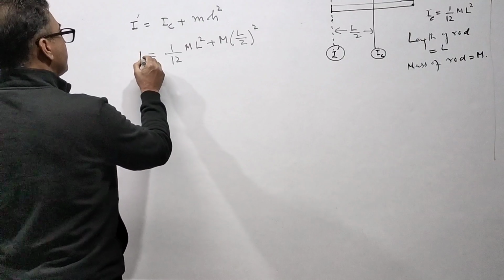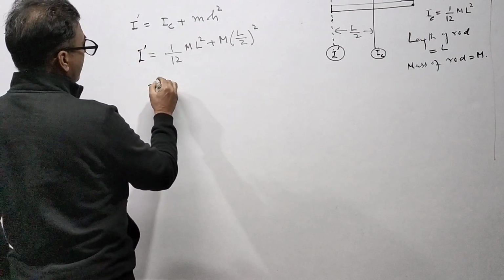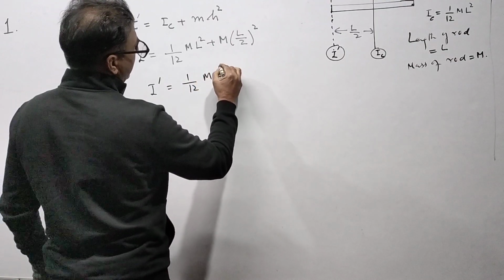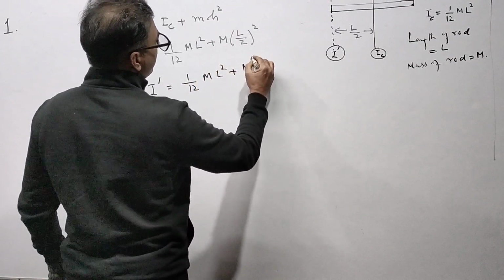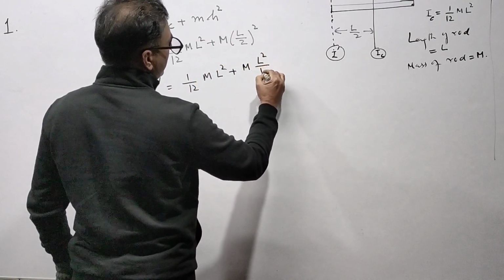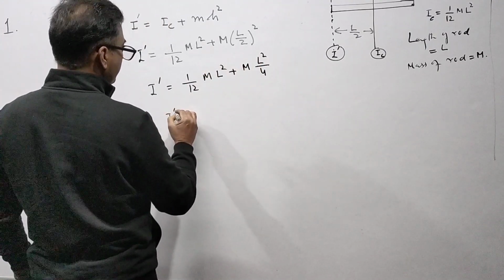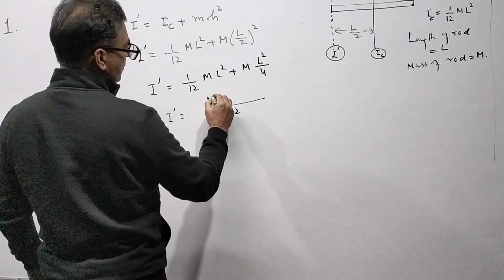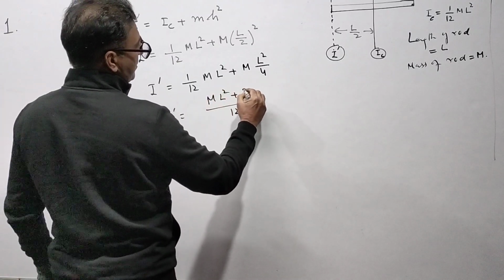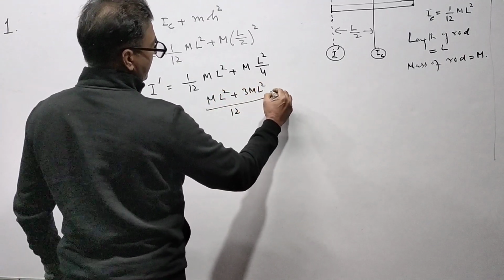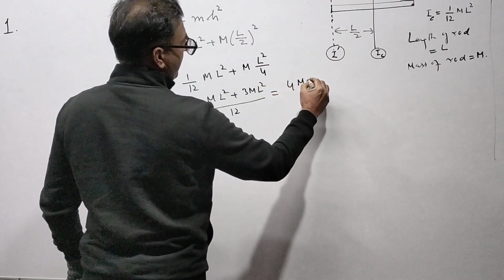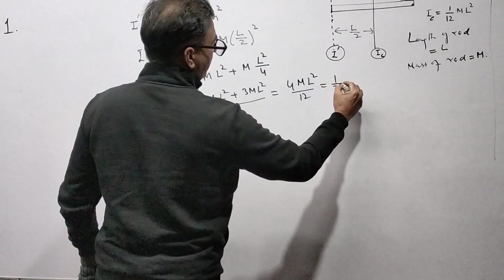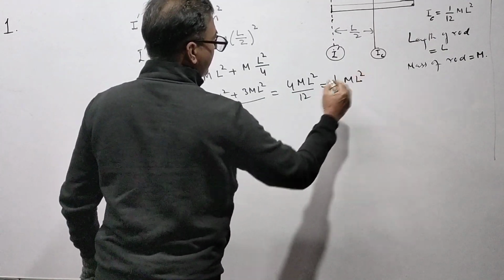So I prime is 1/12 ml square plus m L square by 4. So I prime is equal to, 12 is the LCM, ml square plus 3m L square, that is 4m L square by 12, which is equal to 1/3 m L square.